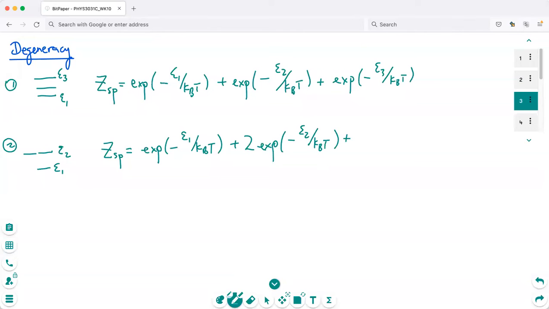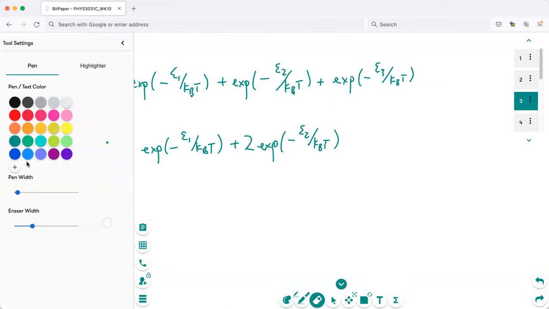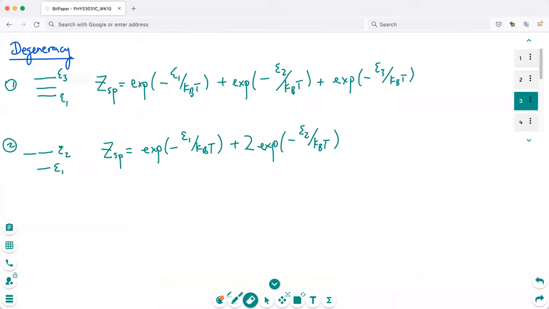So that gives you this 2 here. Okay, so if you have a particular energy level which is G times degenerate, you simply include the degeneracy as a prefactor for the exponential.